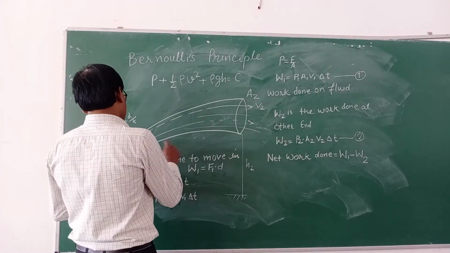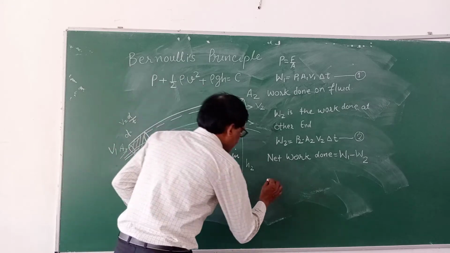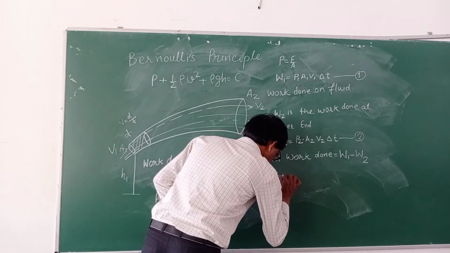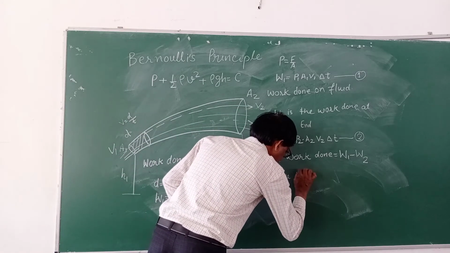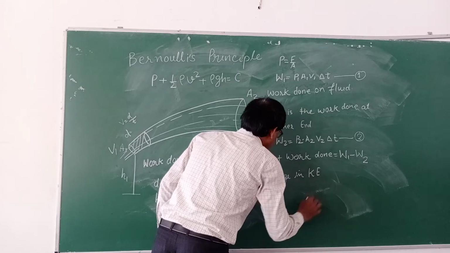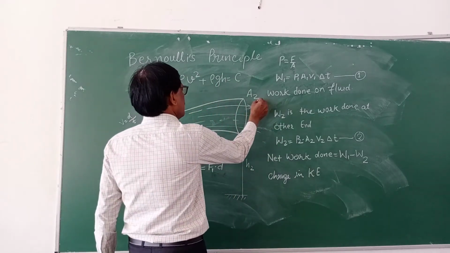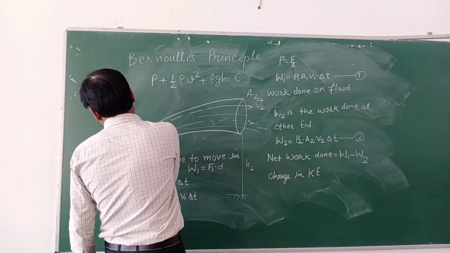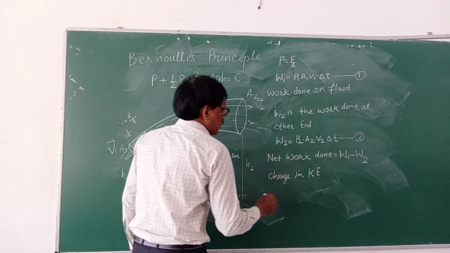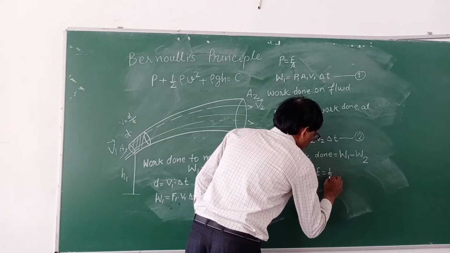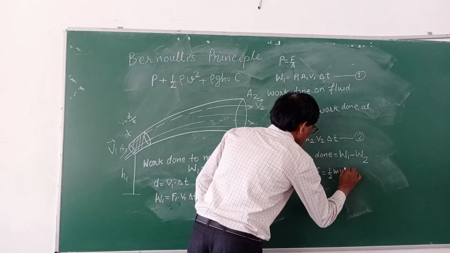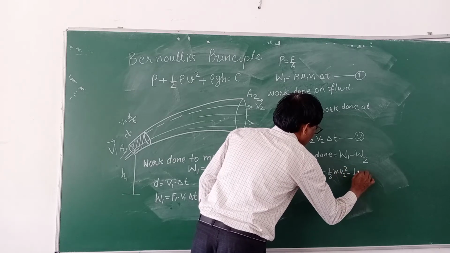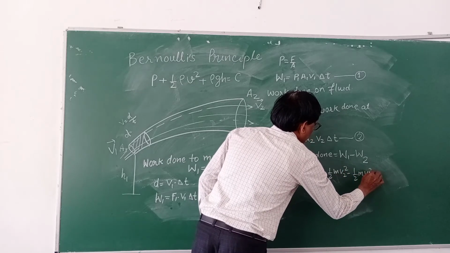First of all we will see the change in kinetic energy. Velocity of the moving liquid is v1 and v2. So the change in kinetic energy is 1 upon 2 m v2 square minus 1 upon 2 m v1 square.